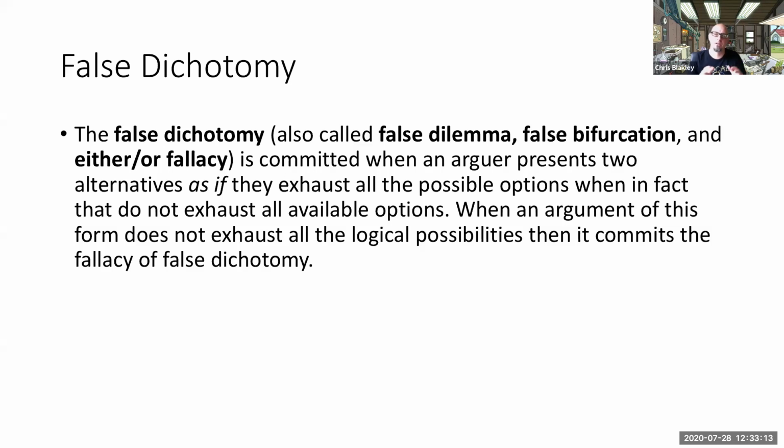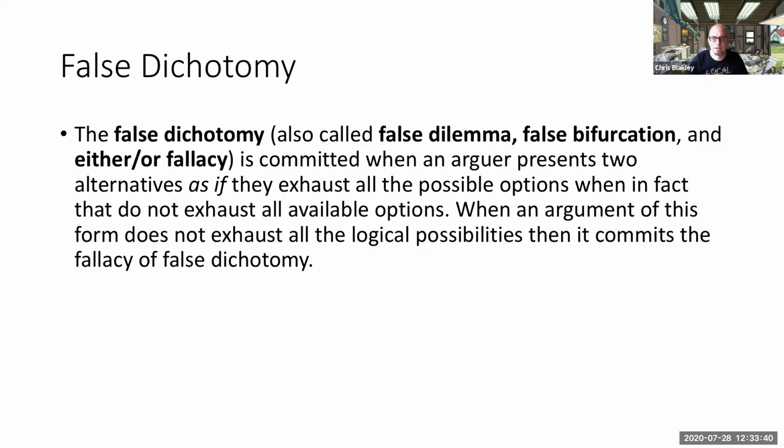Sometimes I got tripped up on the idea that it's two options. It could be three options, but if a fourth possibility is obscured or left out, we'd still have a false dichotomy. So again, it's when the options are presented as if they exhaust all the logical possibilities, when in fact they don't.